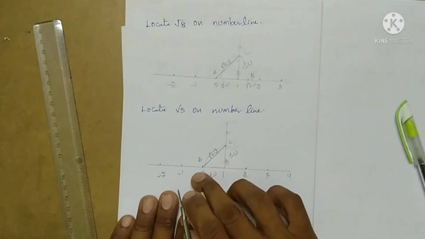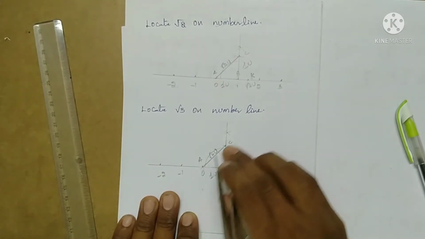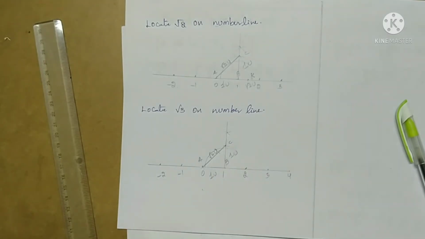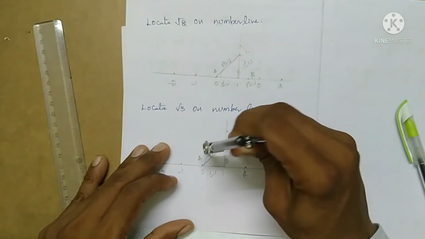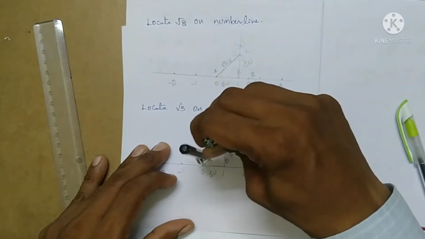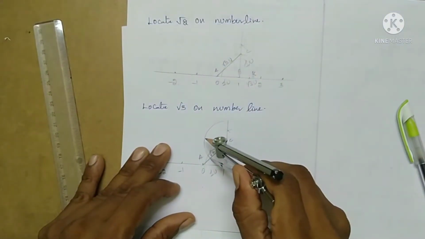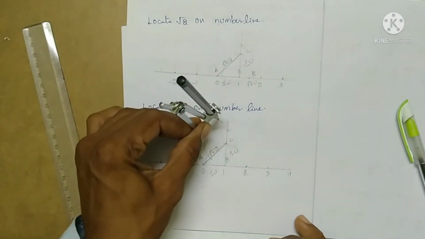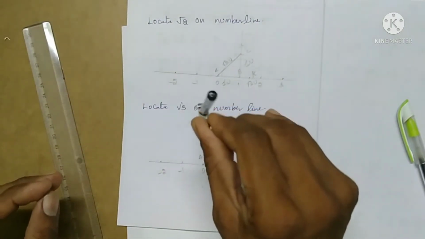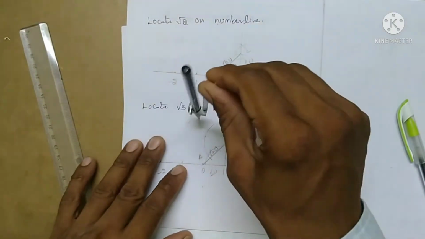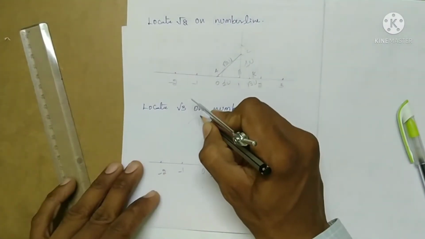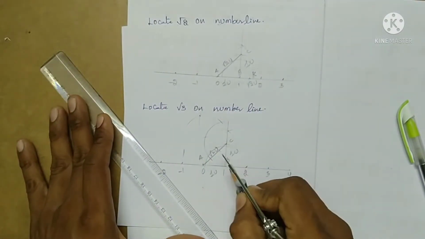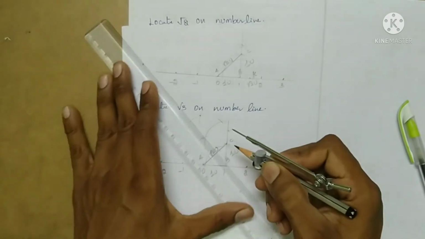So draw a perpendicular of AC at C. This line is the perpendicular of AC, not AB.